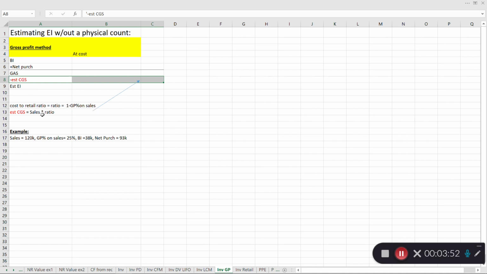Now, don't let this be complicated. What this is trying to get at is the markup. So when you come up with this, this on its own right here, this is the markup on your goods. So what we're saying is, if you mark up your goods 20%, then the cost of those goods is 80%, the complement, right?